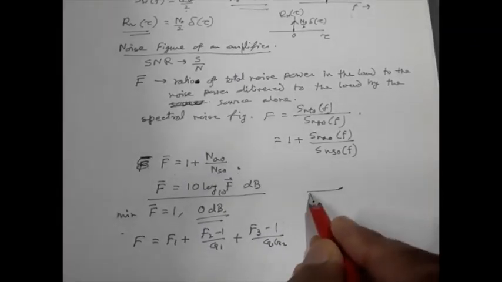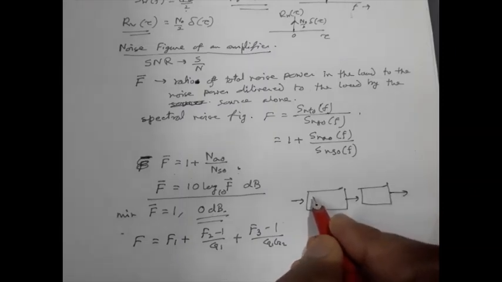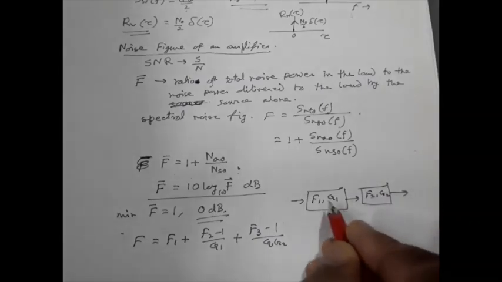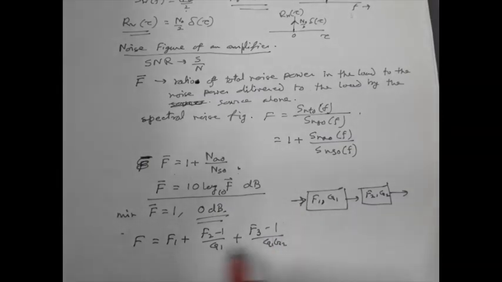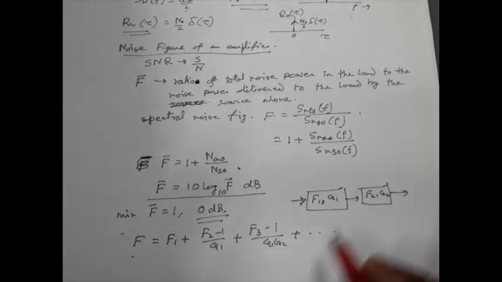That means the system is like this: noise figure is f1, gain is g1, noise figure is f2, gain is g2, and so on. So if we have this type of system, then the overall noise figure will be like this. The more stages, the more terms we have to add up.